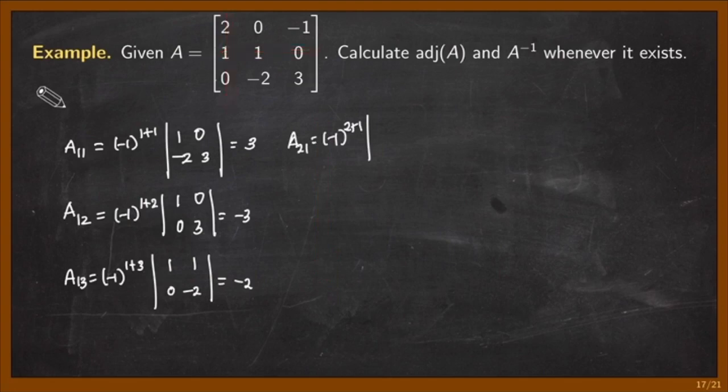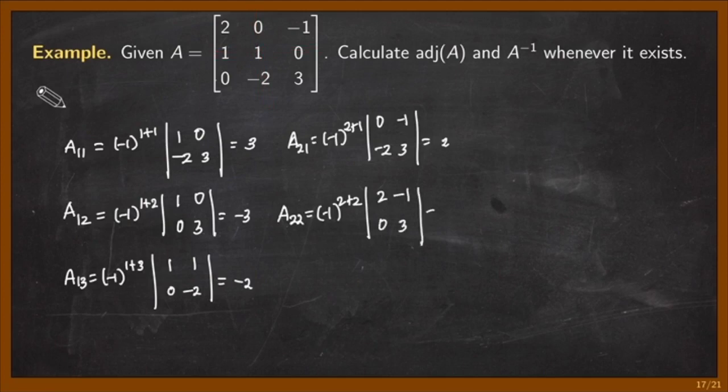You get 0, minus 1, minus 2, 3. So what's the answer for this? I think this is negative 2 times negative 1, that's 2. A22, negative 1 raised to 2 plus 2, determinant of this matrix, the four corners.